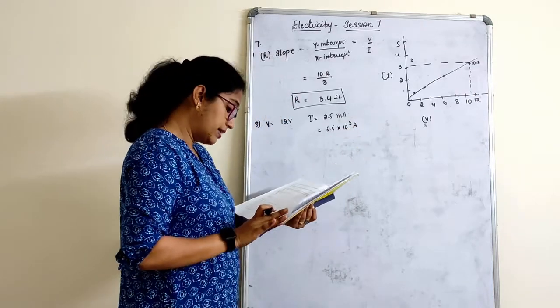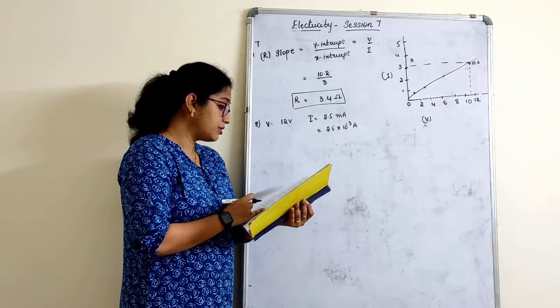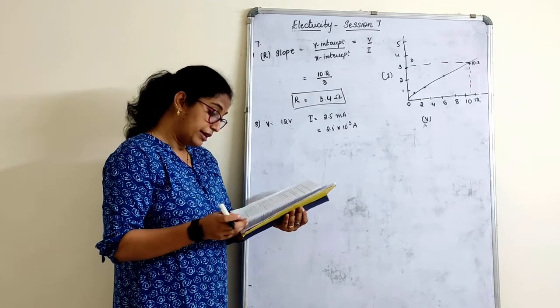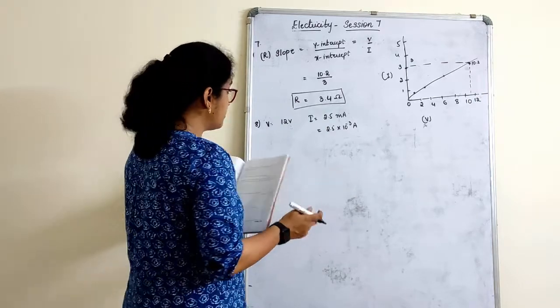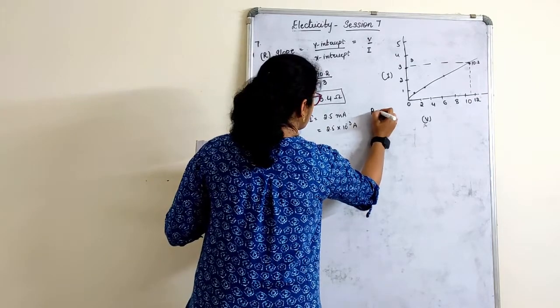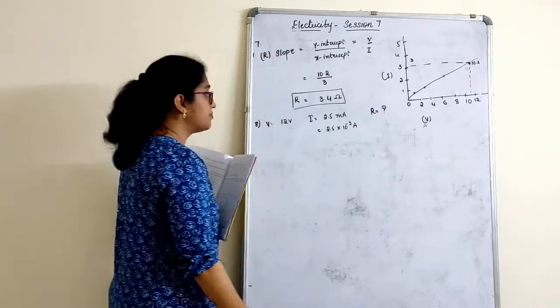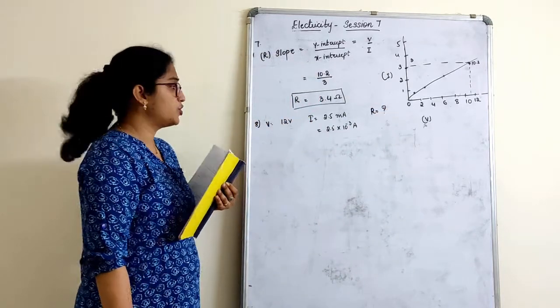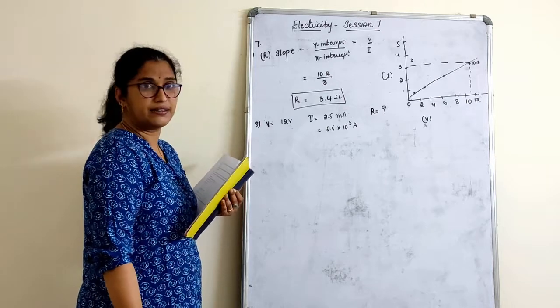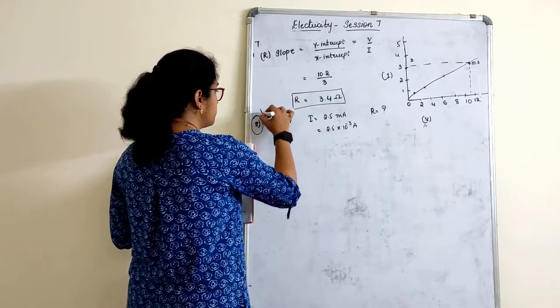Milli is 10 raised to minus 3 and micro is 10 raised to minus 6. We know that. Find the value of the resistance of the resistor. Isn't it a very direct question? V is equal to IR. That's all you have to do.